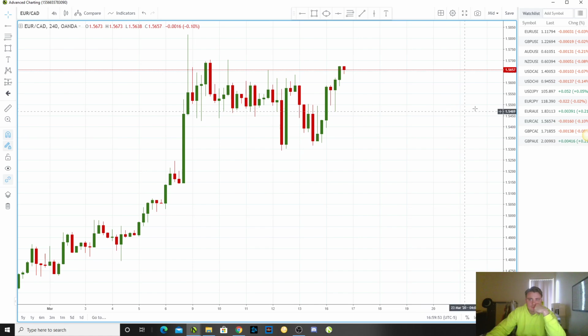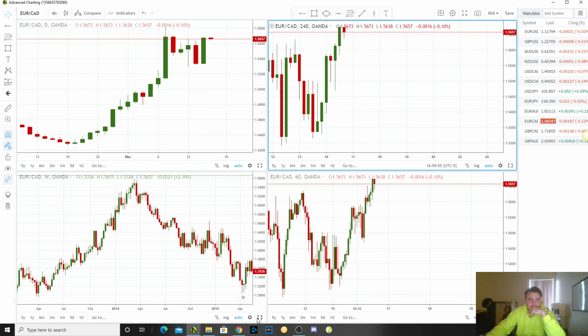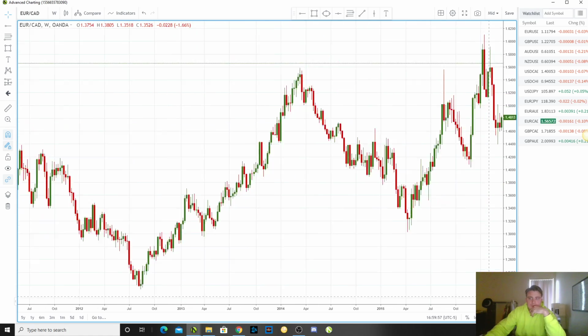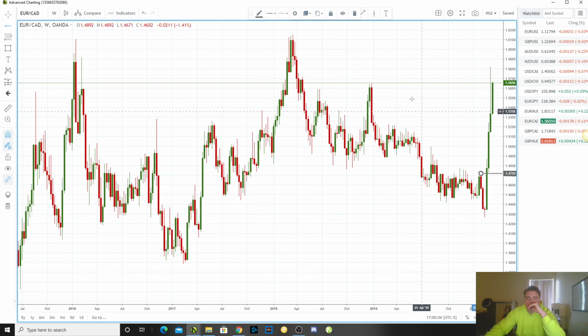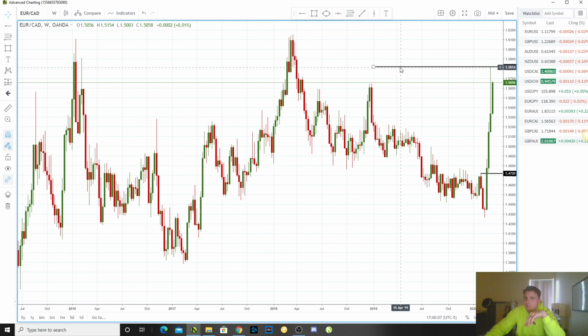Euro CAD. Ugh. All right, so this is the breakout right here. The big move. As you can see, it worked, and then it failed.